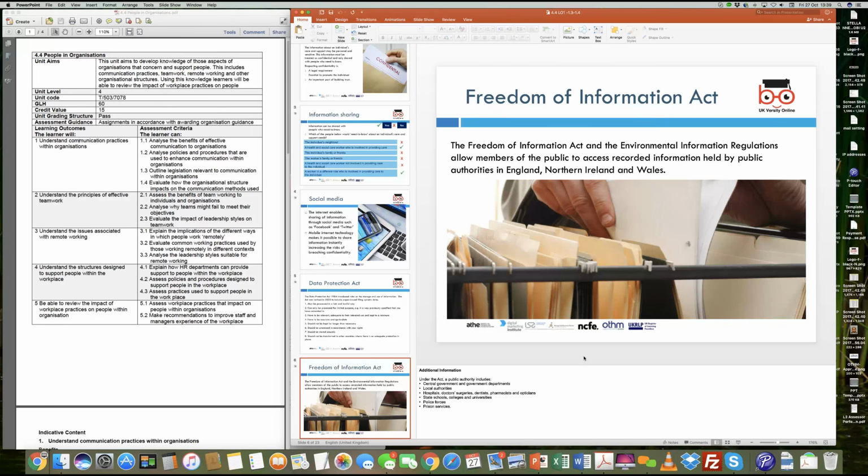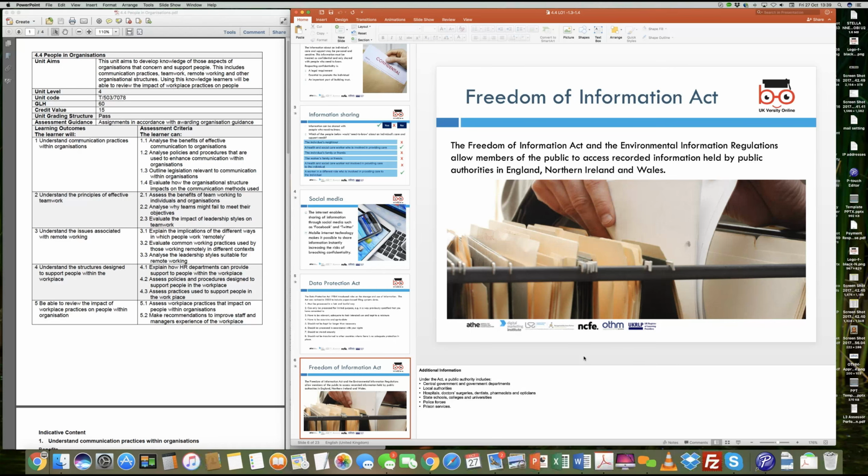So in general, when we look at public authorities, if you have to obtain information from them regarding certain aspects, this can only be obtained under the guidance of the Freedom of Information Act, which was introduced in 2000. In short, it allows members of the public to access information related to government departments or public sector enterprises or organizations which are predominantly funded by the government or the taxpayer.